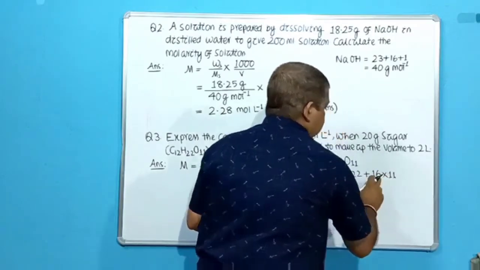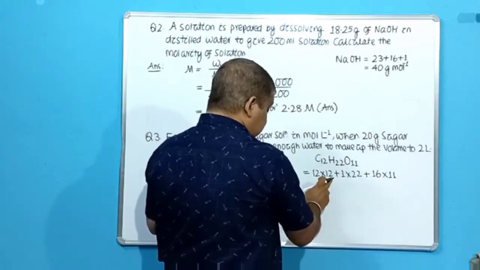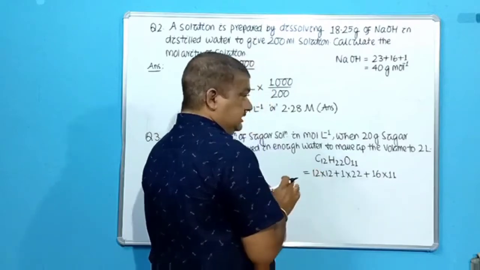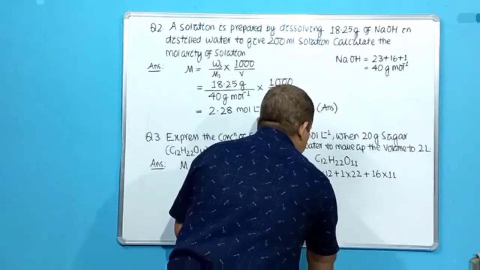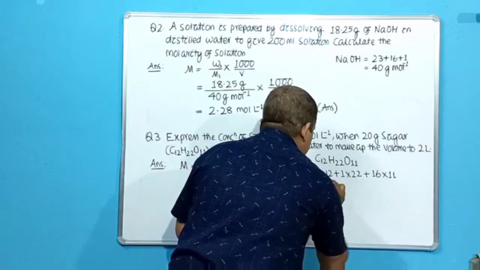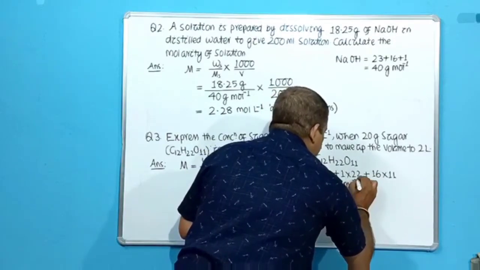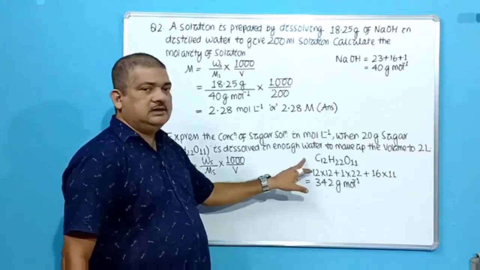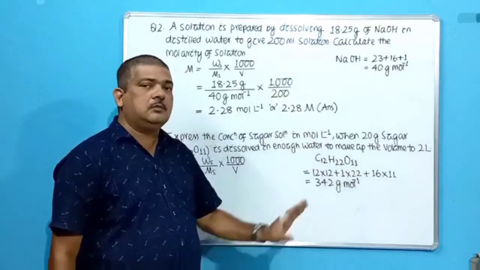So 176 plus 22 is 198, plus 144, it will be 342. So the molar mass of the solute, that is sugar, table sugar, sucrose, is 342 gram per mole.